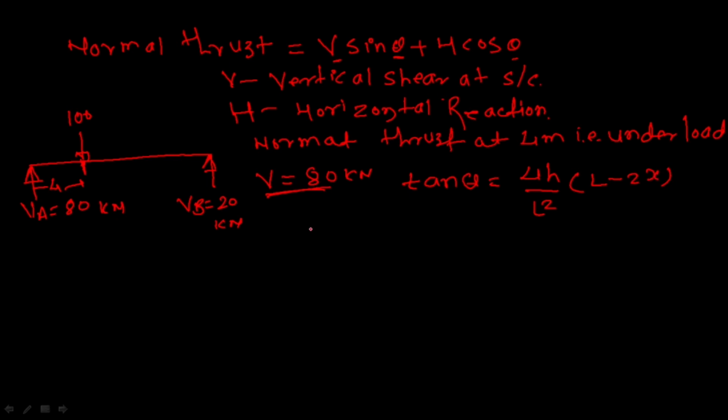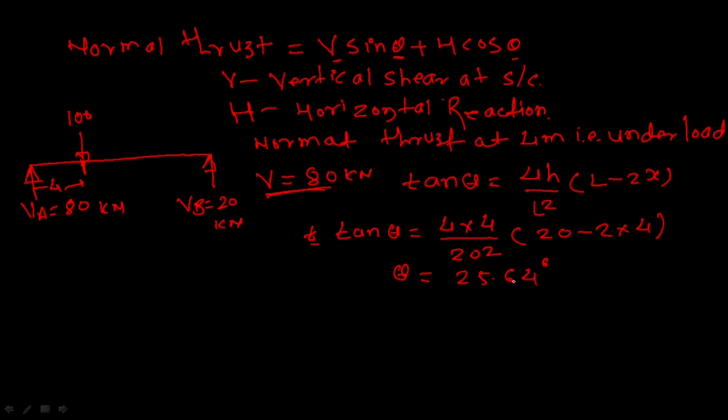So tan theta is equal to 4 into h, the central rise, divided by the span square, into the span minus 2 into the location, which is 4 meter. So we got theta equal to 25.64 degrees.